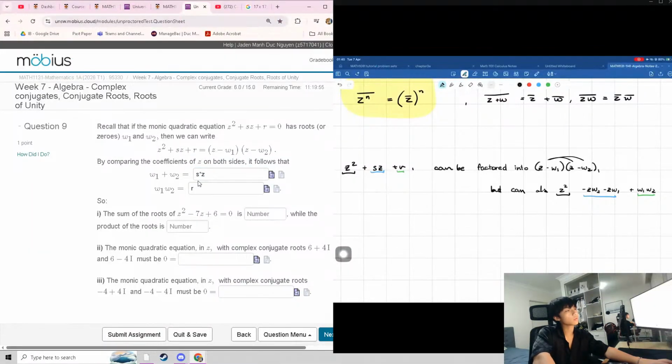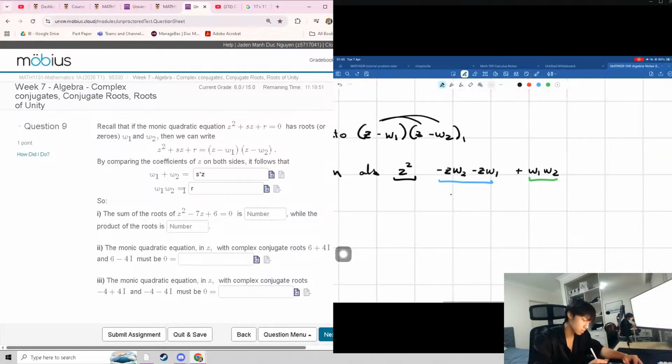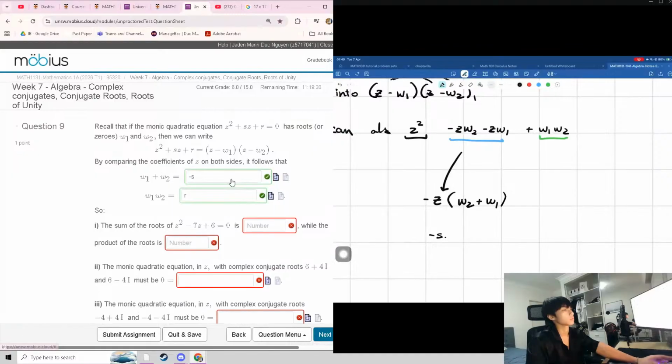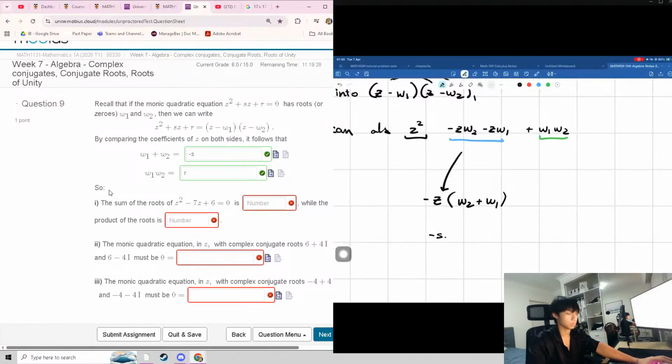Yeah, isn't that how they wrote it? Sorry, plus. This is minus Z times W2 plus W1. So it's actually minus S. Cool.